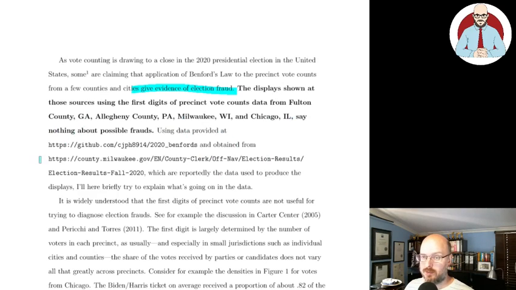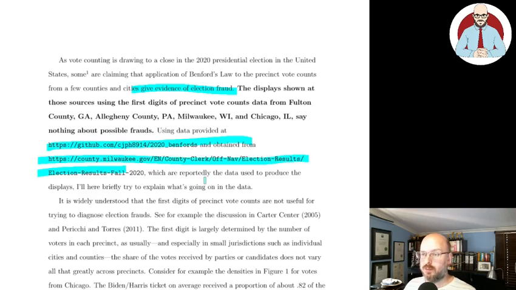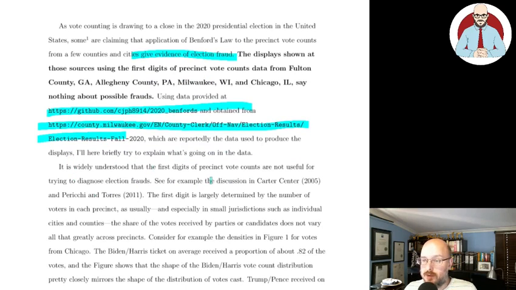So using the data provided at GitHub, which I showed you, and from the county results, which reportedly the data used to produce the displays, I'll here briefly try to explain what's going on in the data. It is widely understood that the first digits of precinct vote counts are not useful for trying to diagnose election frauds.